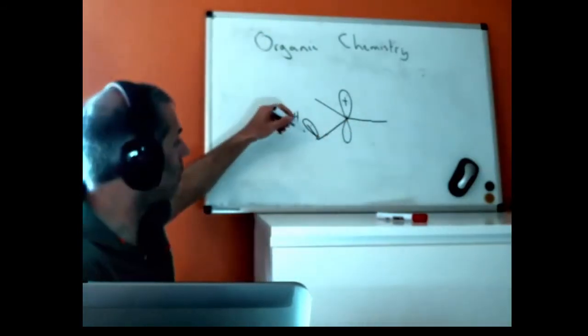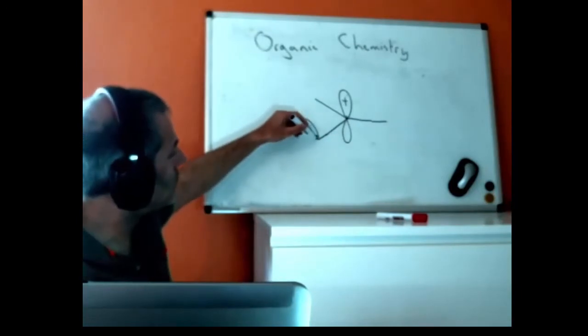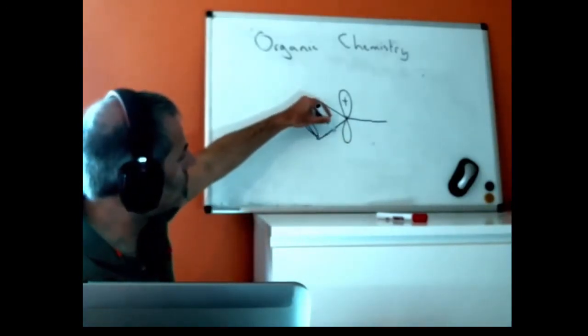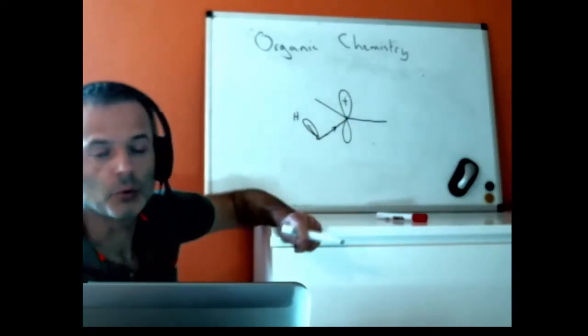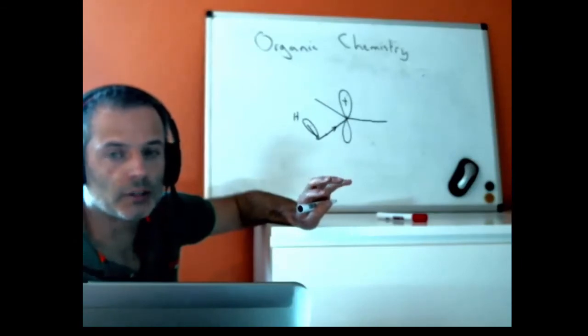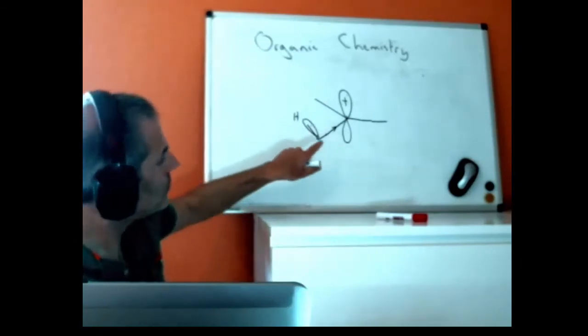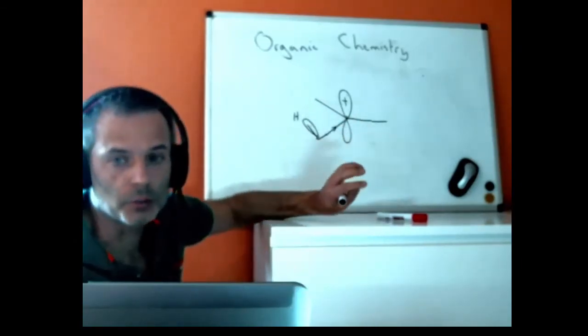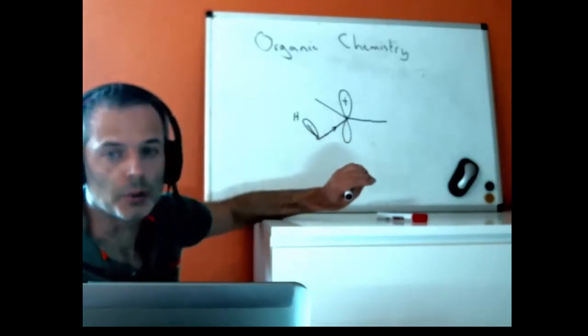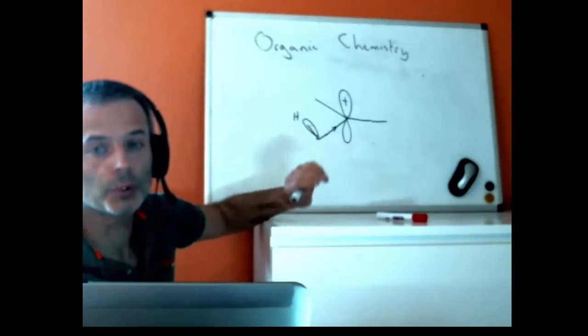The methyl group in itself is slightly electron donating anyway, so it will be pushing electron density. It will be making this carbon in the middle slightly more negative than it would otherwise be. So if we have 3 methyl groups on there, it is much more likely to be able to form the carbocation than if we do the opposite.